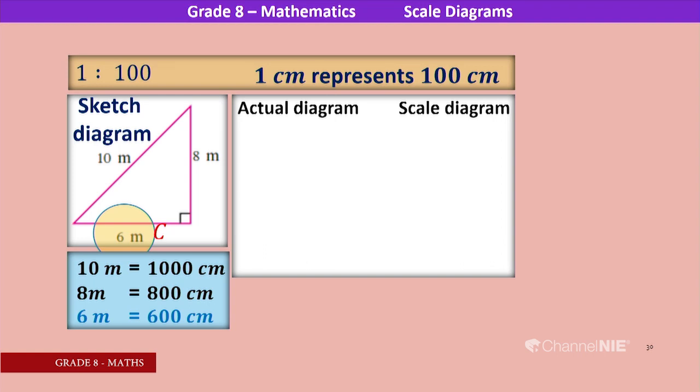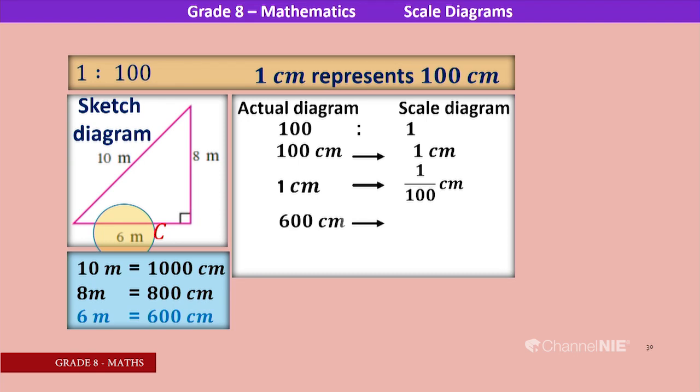Actual diagram is to scale diagram. This is the scale 100 centimeter, 1 centimeter, divide by 100, 1 over 100 centimeters.